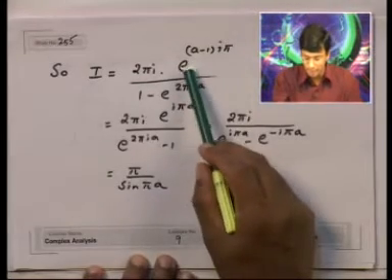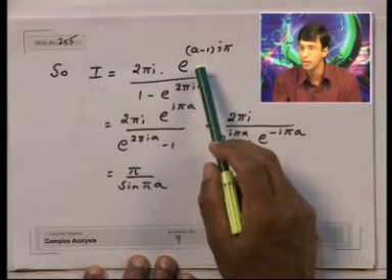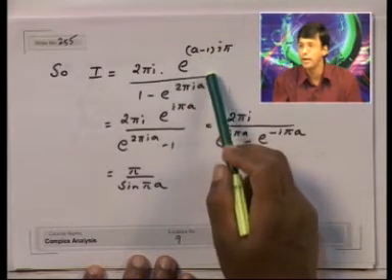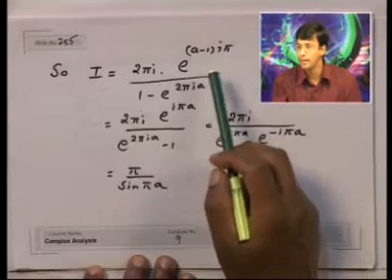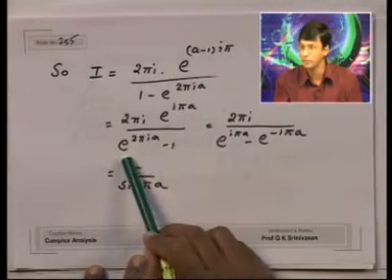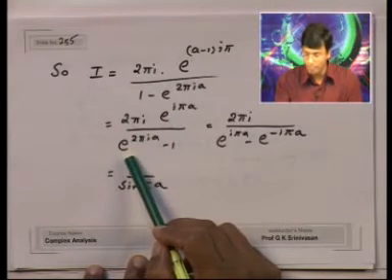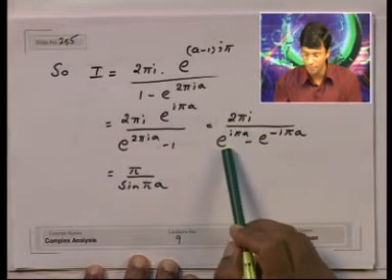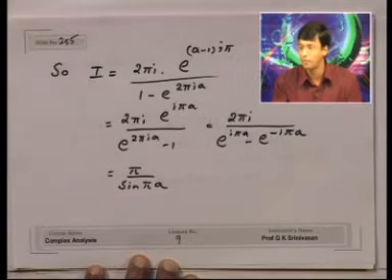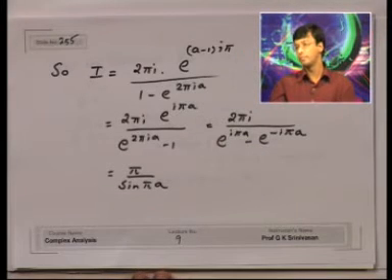In this particular thing, you will get e to the power a i pi into e to the power minus i pi, by the exponential addition theorem. e to the power minus i pi is minus 1. So, that is how this has become this, and it is 2 pi i times e to the power i pi a. Bring the i pi a into the denominator, and you get 2 pi i upon e to the power i pi a minus e to the power minus i pi a. It is pi by sine pi a.